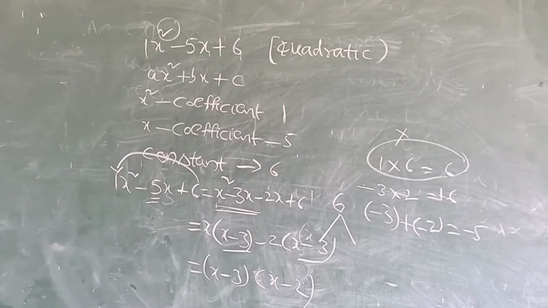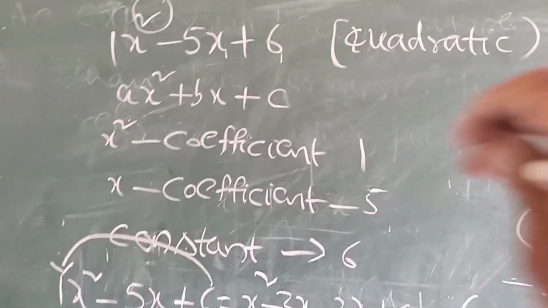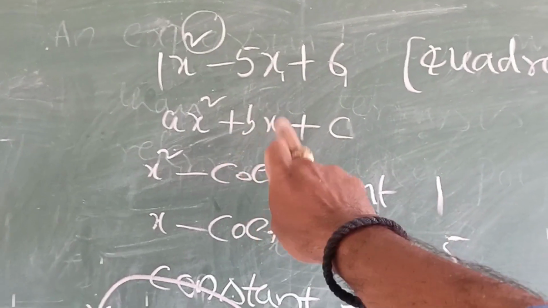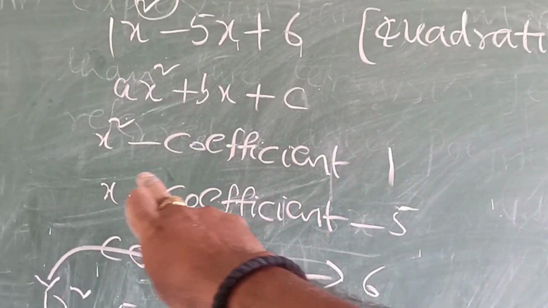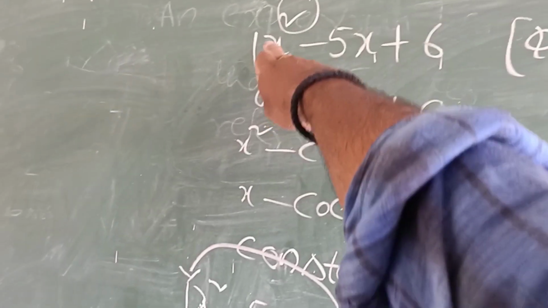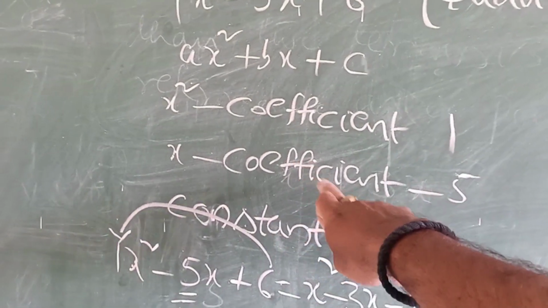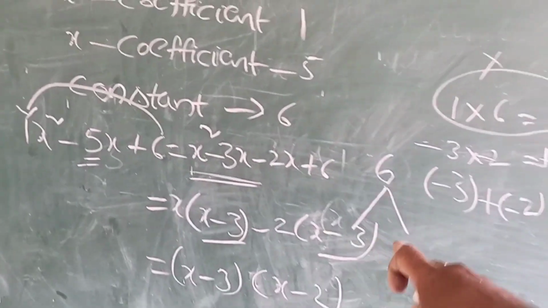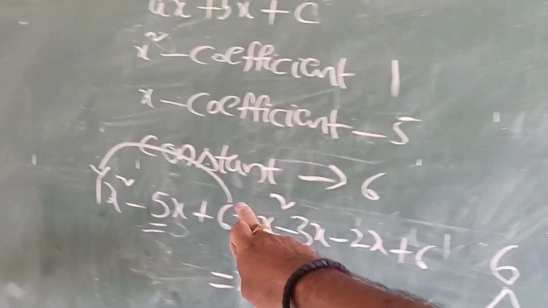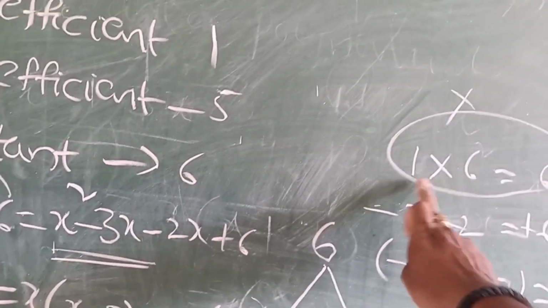Let's have one more example of a quadratic polynomial, x square minus 5x plus 6. So when we compare the quadratic polynomial with the standard form of the polynomial, x square coefficient is 1, x coefficient is minus 5 and the constant term is 6. Here also we are multiplying the constant term with the coefficient of x square, 6 into 1, 6.